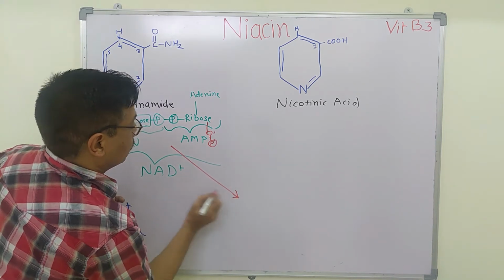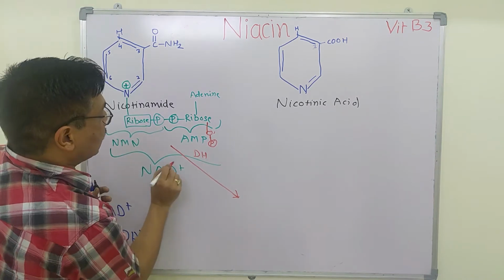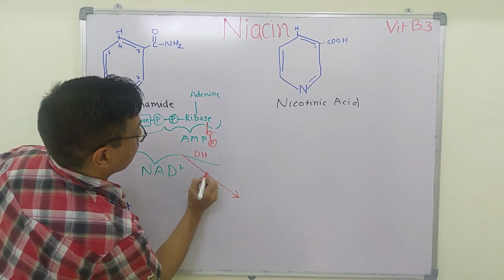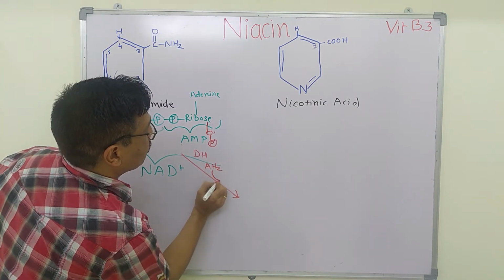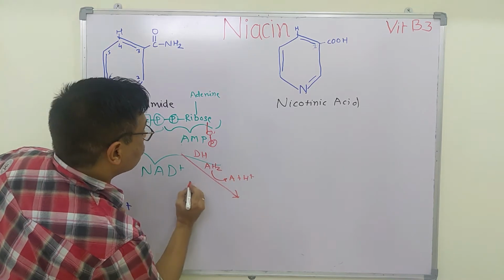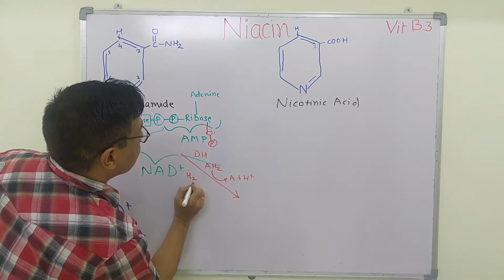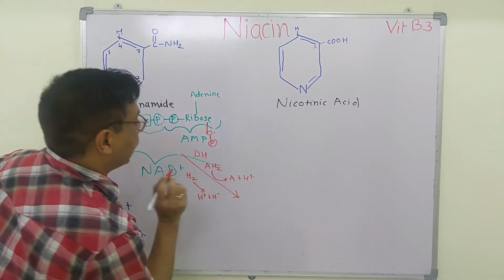During reduction or dehydrogenation reactions, this NAD plus, for example AH2, will form A plus H plus. So what is happening to H2? It splits into H plus and H minus, that is hydride ion.